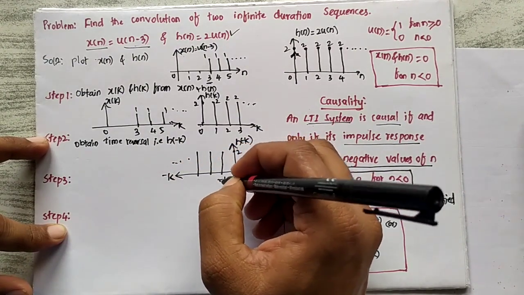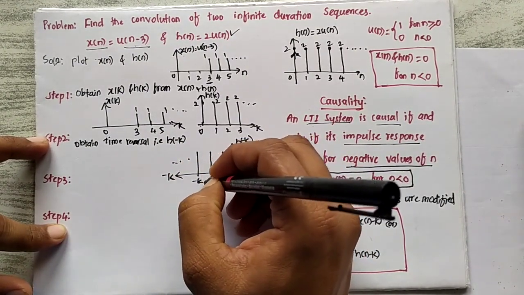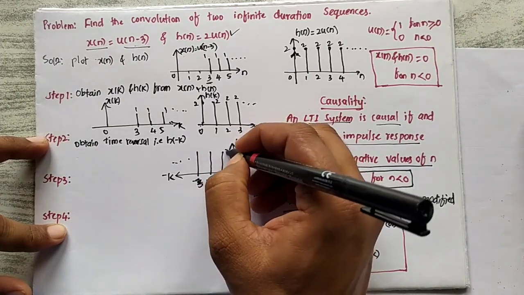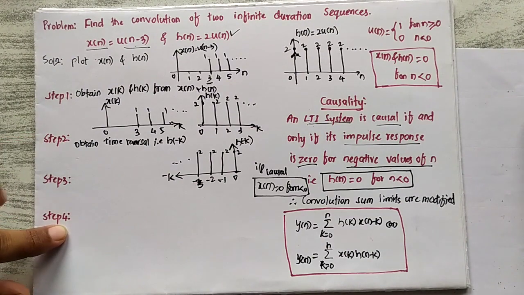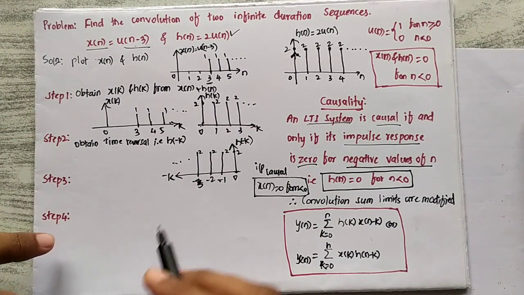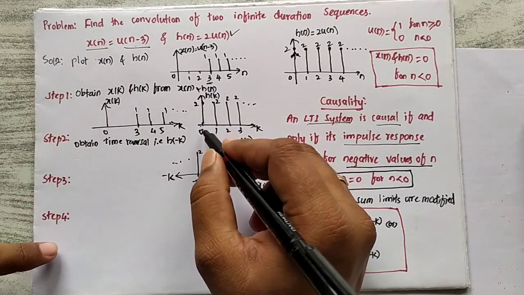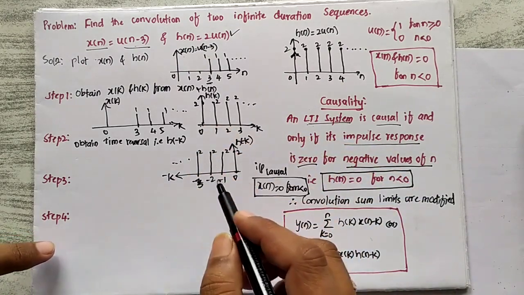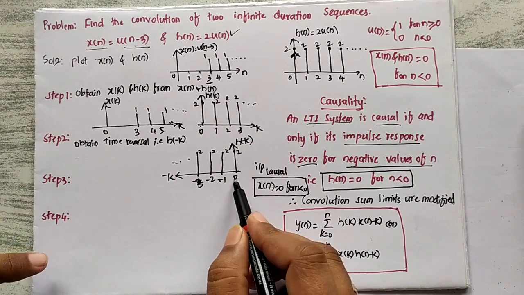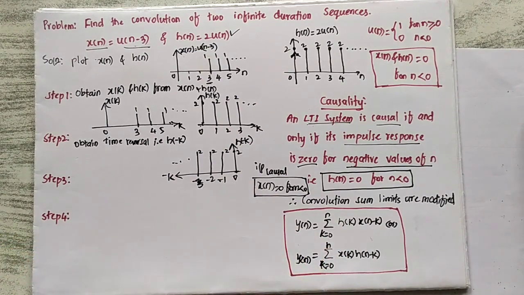Okay, so it is minus 1, minus 2, minus 3, and its amplitudes are 2, 2 only. This is h of minus k, negated values, because you can see here it starts at 0 and goes to infinite in the positive direction. Now negation of that will start at 0 and go towards minus infinity.